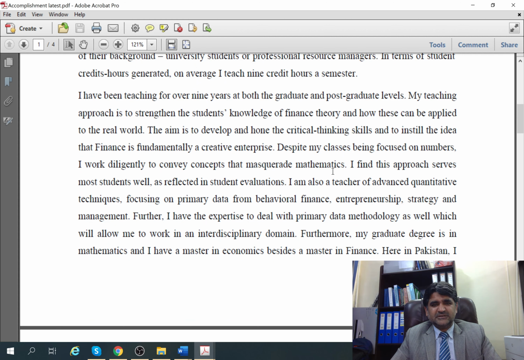That is important. In the next paragraph, you can talk about how long you have been engaged in teaching, and what your approaches towards teaching were.